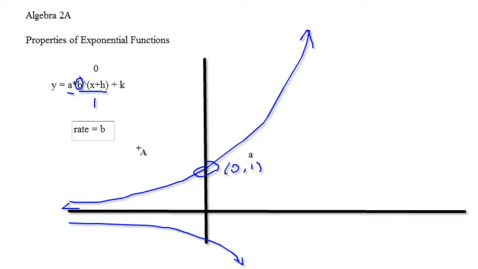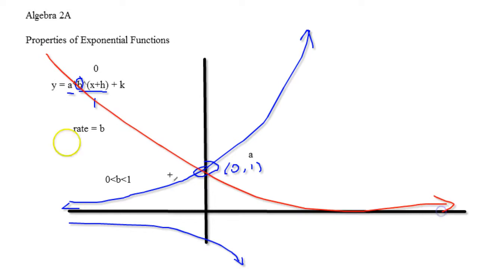Rate is B. Like what we just talked about last time, there are some interesting things that can be done with B. If B is less than 1 but greater than 0, we're going to be dealing with what we call an exponential decay, and I'll show you that one in a second.